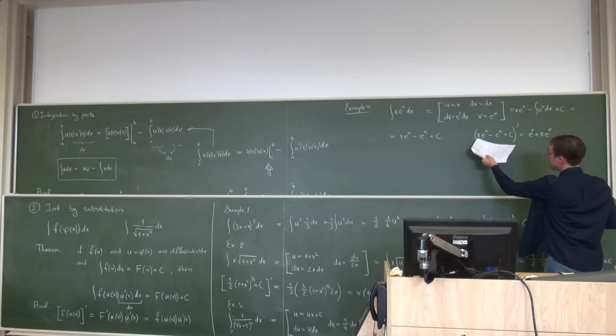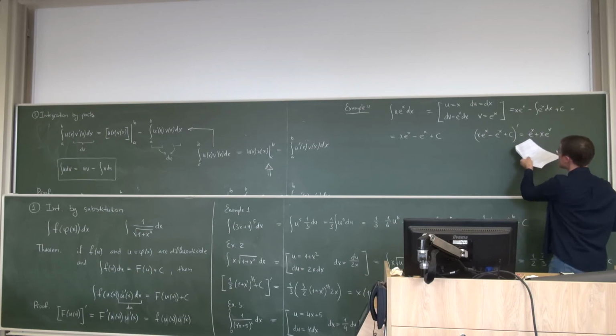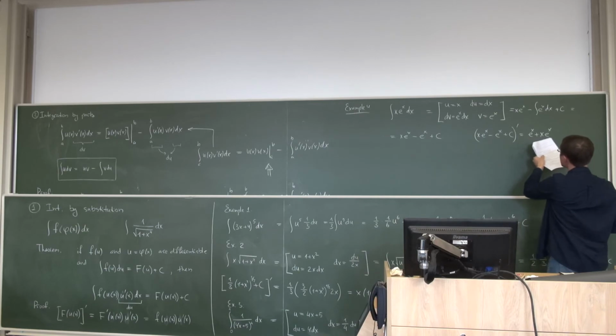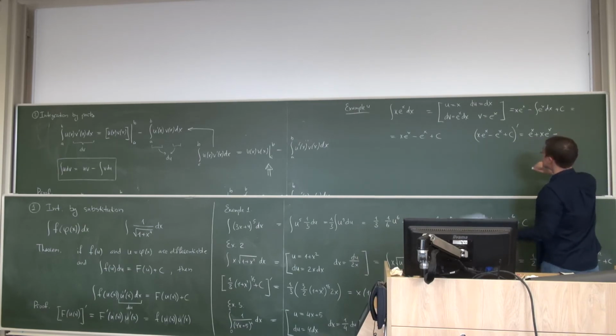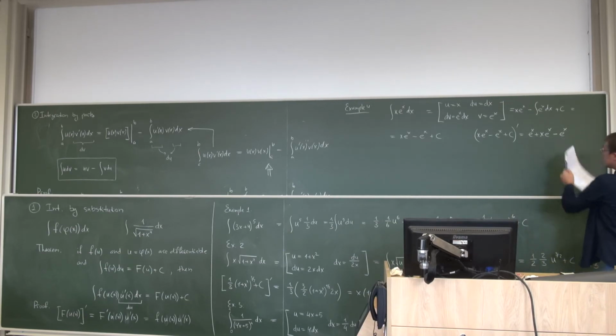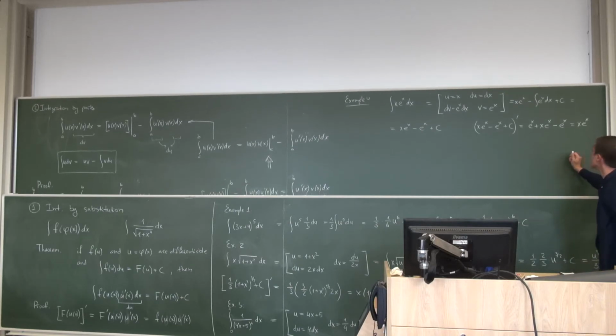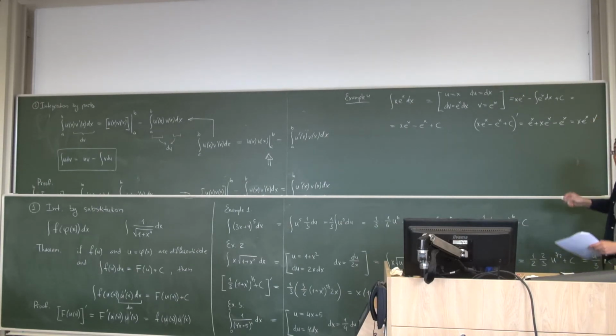So a prime b is just the exponential. A b prime, this doesn't change, x e to the x, minus, this doesn't change, e to the x. Two exponentials cancel each other. So that's x e to the x, as required, this is what occurred under our original integral. So the answer is correct.